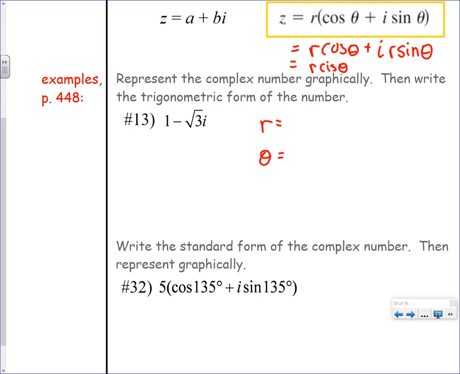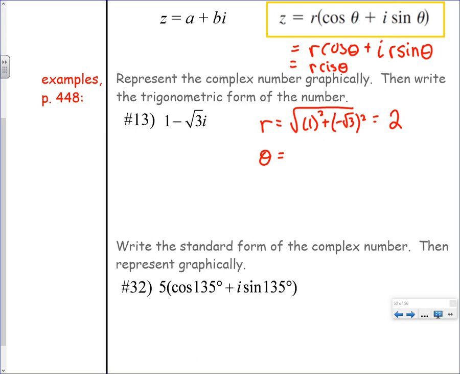If we think about this complex number in terms of its components, its real and imaginary coefficients, think of that as x, think of that as y, and how do I find r? Pythagorean theorem, 1 squared plus negative root 3 squared, which ends up being 1 plus 3, since negative times negative is a positive, so 4 square rooted is 2.